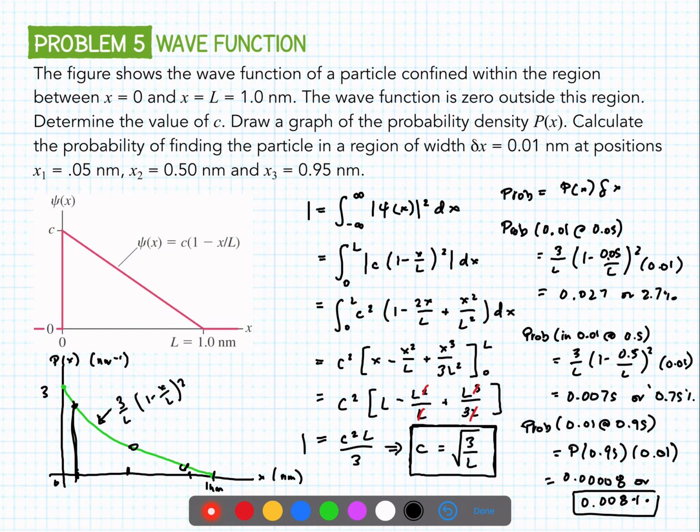So when you look at these, they should make sense with your graph. We were expecting the highest probability here, and that's our 2.7. We expect at half for it to be smaller, and then we expect at 95% for it to be smallest, and that's what we find here.